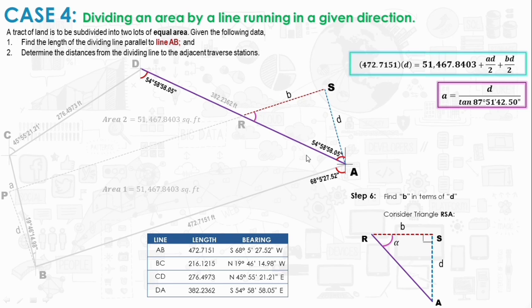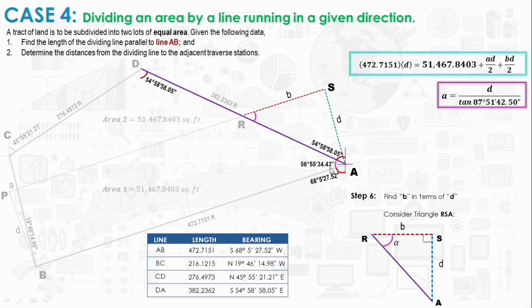So, 180 degrees minus 68 degrees, 5 minutes and 27.52 seconds, minus 54 degrees, 58 minutes and 58.05 seconds, makukuha natin yung included angle dyan na 56 degrees, 55 minutes and 34.43 seconds.